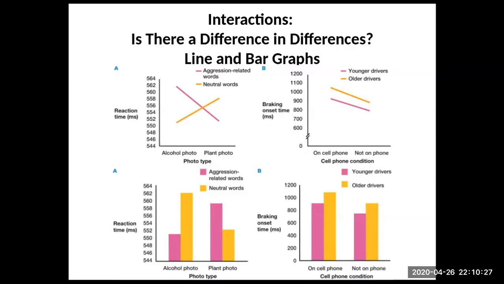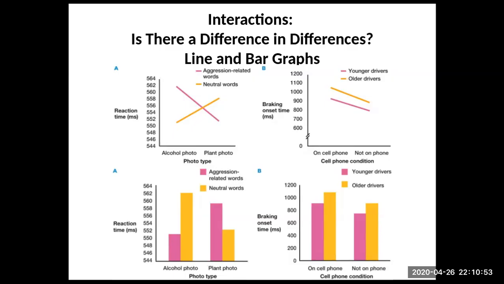But when you look at it from a bar graph, reaction time, we see, okay, pink is lower and yellow is higher on the left, but for plant, pink or purple, whatever, is higher and yellow is lower, and I guess that's it. But up top, boom, lines aren't parallel, interaction. Really easy to tell. Okay, for B, on top you see the lines are pretty much parallel.